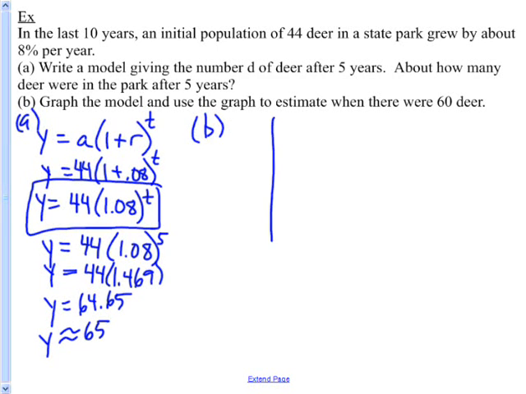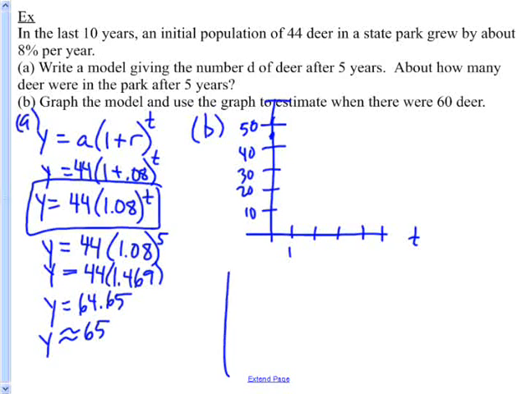Let's take a look at this graph. So let's say our t is time in years. We'll start at time 0 and go by tens here. We start out with 44 deer, so at time 0, a little under 45.